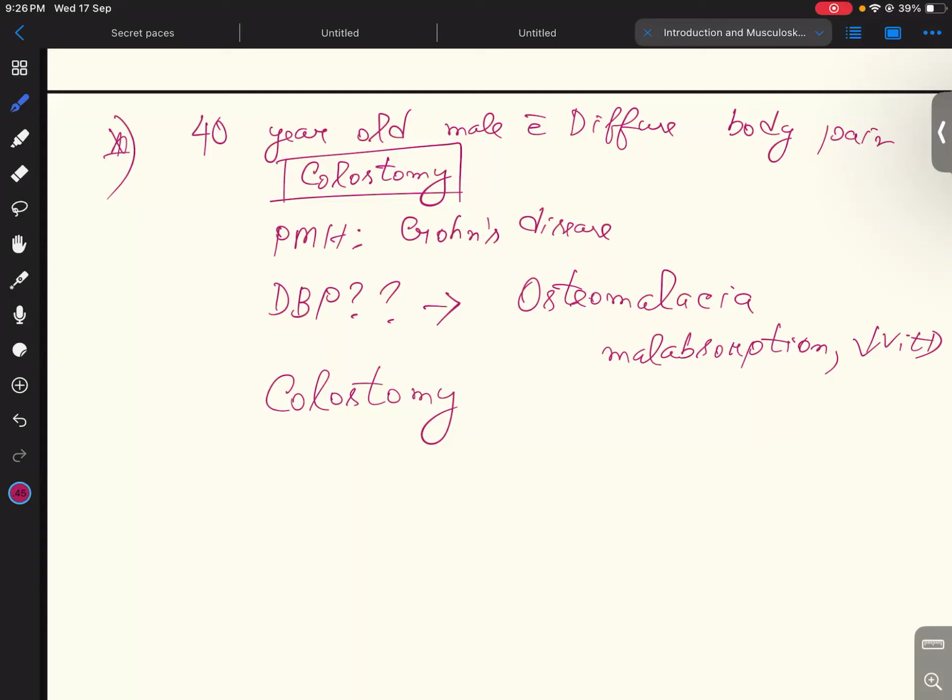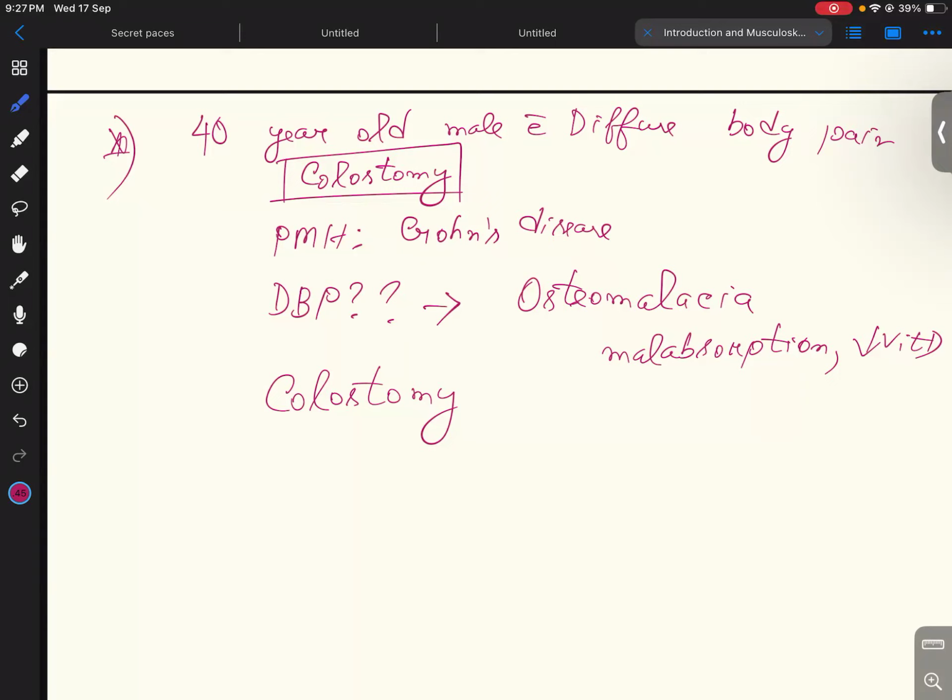Just open the mouth. There is an opening by which the patient disposes his fecal matter. If you remove the whole part, the candidate loses marks at that station. You just have to open the mouth and see the contents of the colostomy bag.